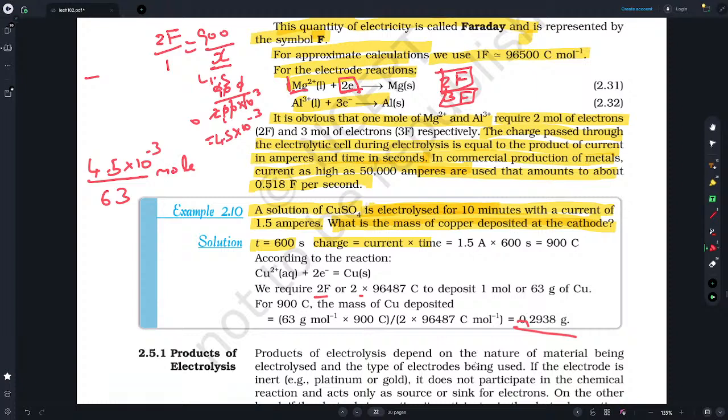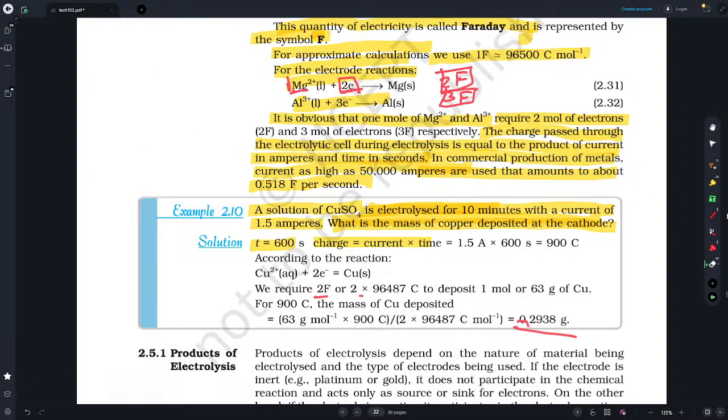Wait a second. Still here we are correct.